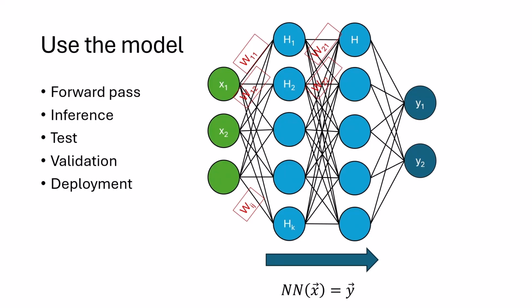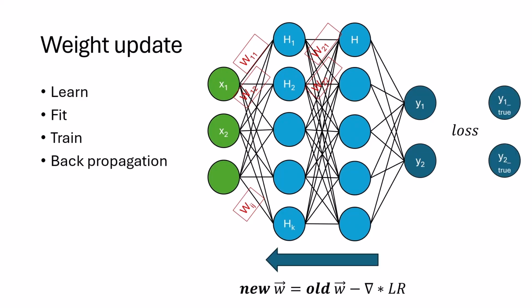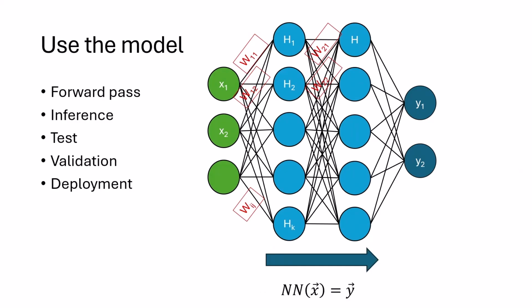Some people call this inference, some call this testing, validating, deployment. It's the same. We use those W's, we calculate, and then there is no truth to compare with. This is the most important difference between using the model and updating the model weights. So those are two processes.